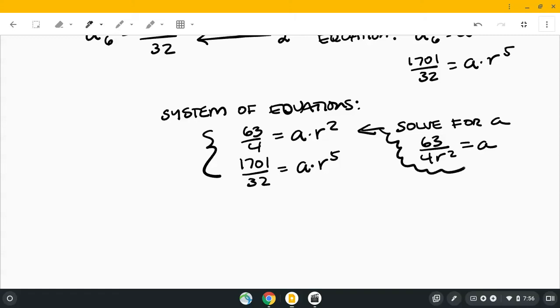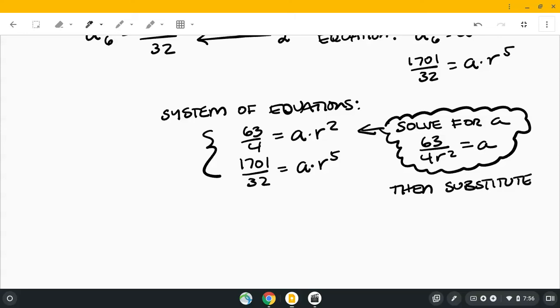So all I did was rewrite that first equation, solved for a. Now I'm going to take this, a equals this. So then now I'm going to substitute that fraction over here for a, into equation number 2.